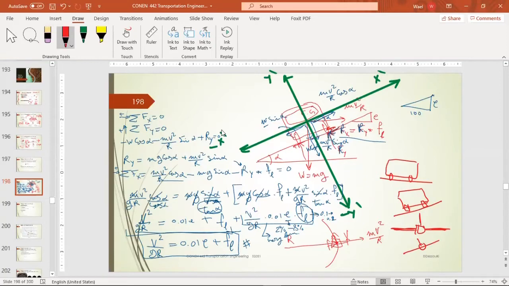The resistance for this aircraft from sliding this way or the other way is basically done by the banking, by the slope that it takes, or this banking angle. However, for vehicles, the equilibrium of the vehicle is done by two things: by the banking and by the friction. So the centrifugal force that is pushing the vehicle out of the curve is balanced by these two elements.